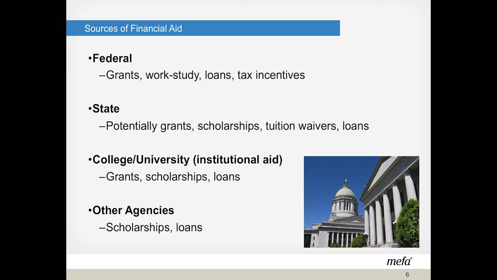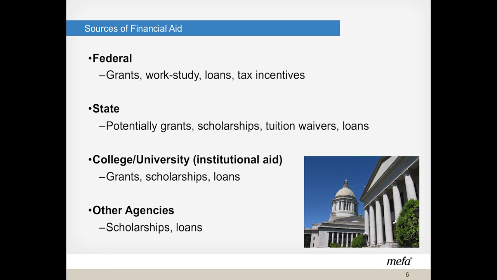Financial aid actually comes from a few different sources. The federal government provides a good amount of financial aid, including grants, that's free money, work study, that work program I mentioned, loans, and tax incentives. The state government also provides a good amount of financial aid.